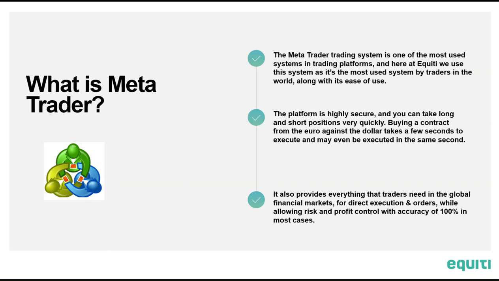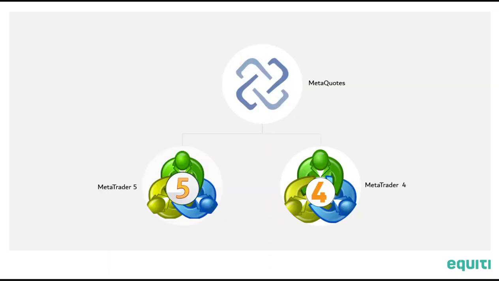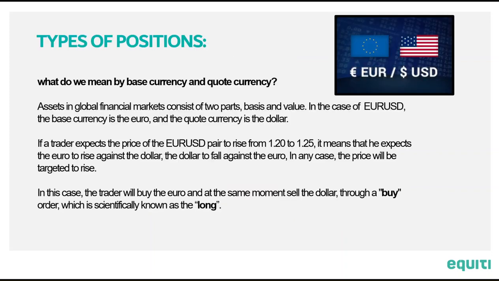So it also provides everything that traders need in the global financial markets, from direct execution and orders, and allowing risk and profit control as well. So as I mentioned before, here in Equiti we use both MetaTrader 5 and MetaTrader 4.